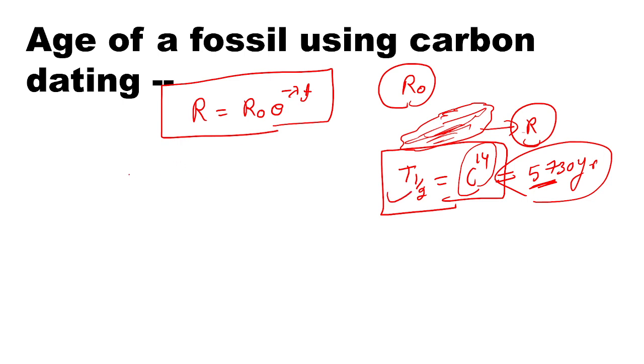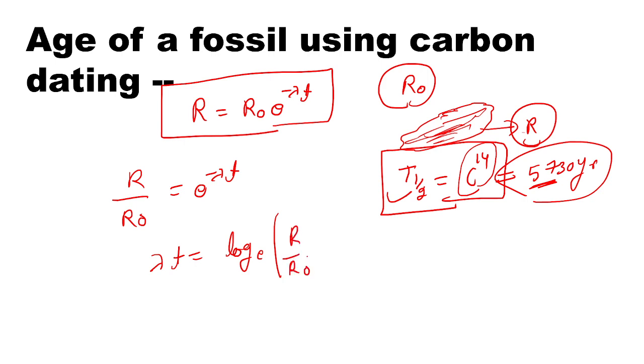Now if I do it further, it will become lambda t is equal to log E R over R naught. So this is the expression that we got.